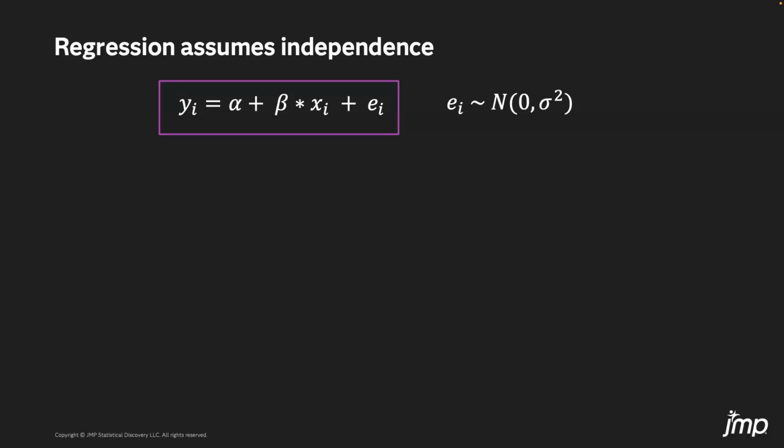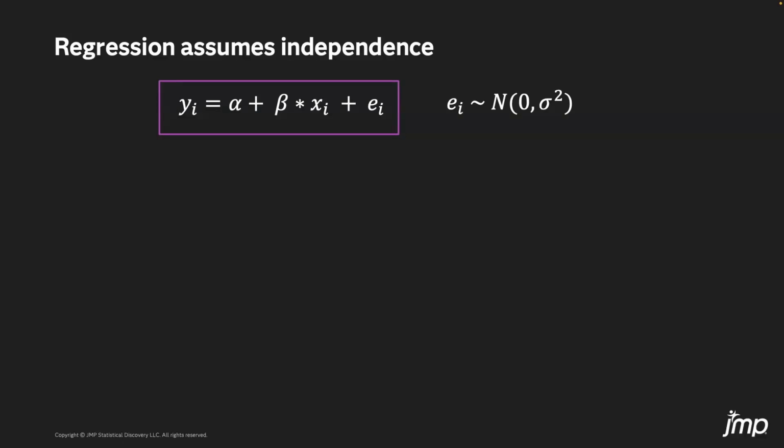That equals some intercept plus the effect of our explanatory variable. So the ith individual has some x value. We multiply it by our regression coefficient. That gives us the regression line itself, and then the scatter around the line of all the individual points is by, for every observation or individual, adding some residual error.